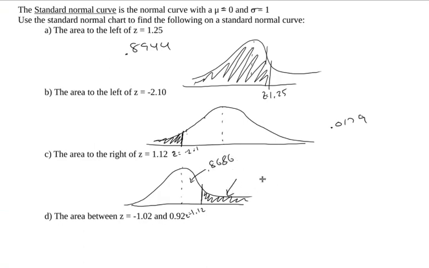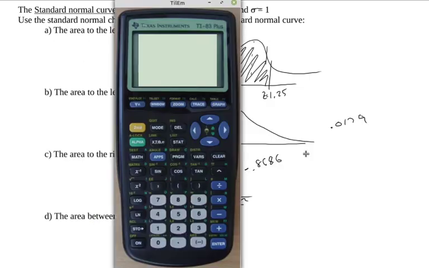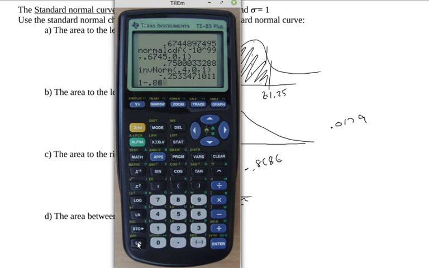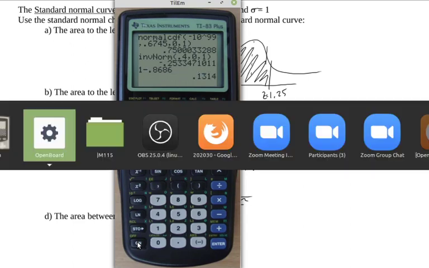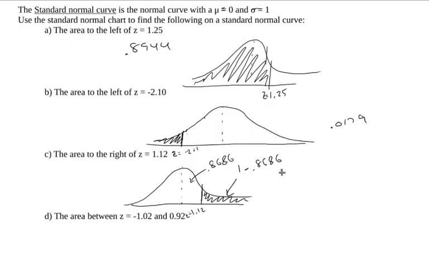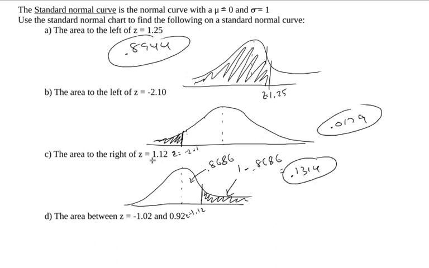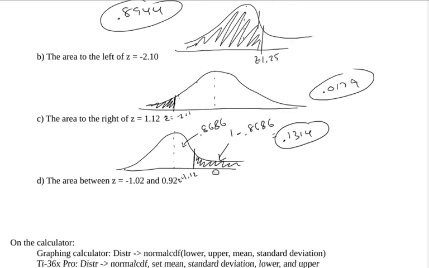And to find the area to the right, I need to use my complement rule, 1 minus 0.8686, which is going to give me 0.1314. So there's roughly 13.14% of the area to the right of z equals 1.12.